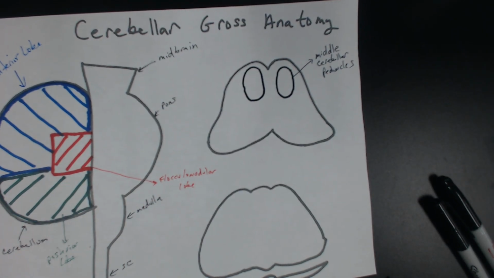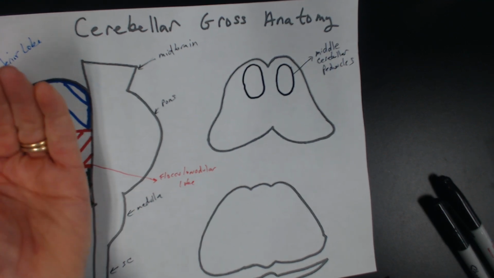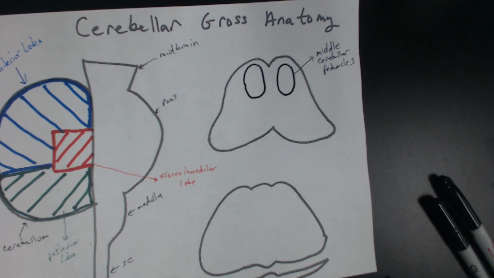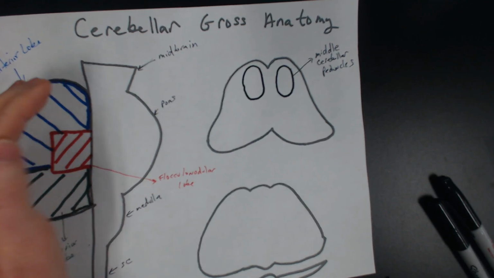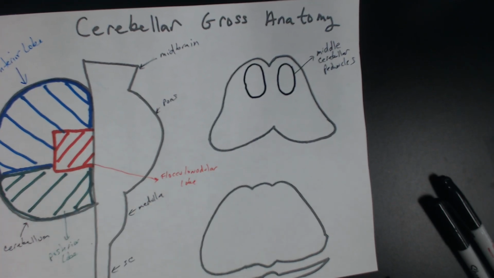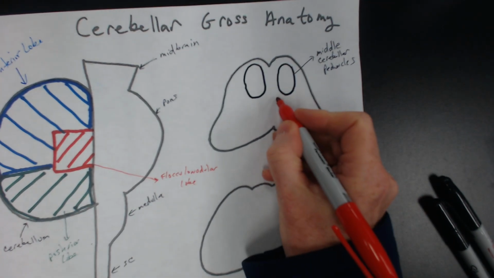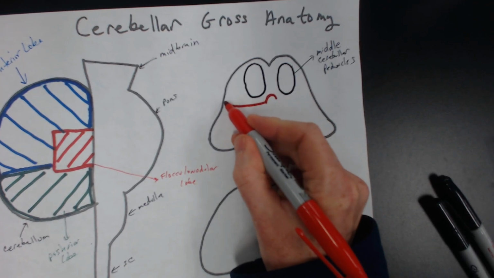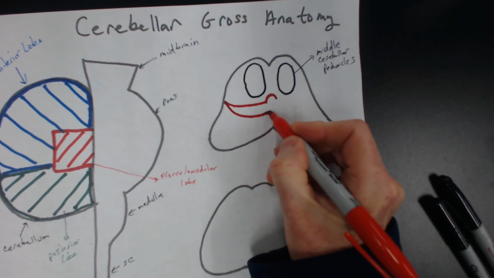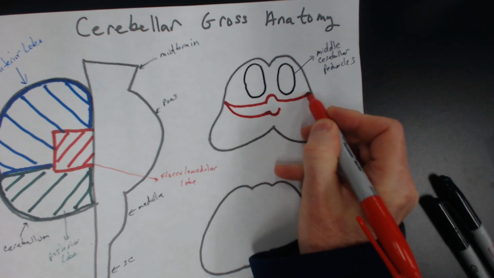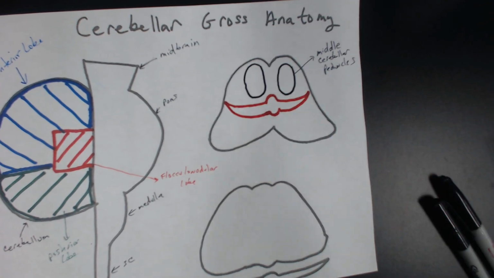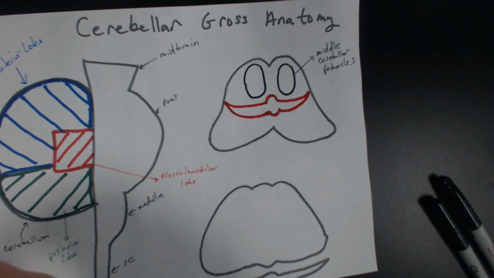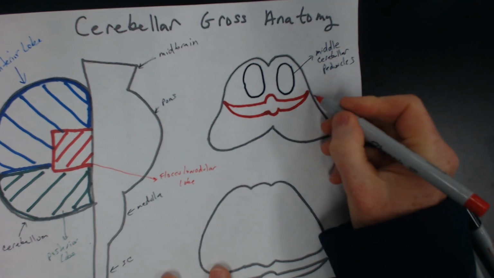Okay, does that make sense? See where I am? Just took this piece and I'm flipping it up. So these are the connectors. So if I take this piece and flip it up, now I have to represent my flocculonodular lobe in there, in the middle, right here. Okay, that's going to be my flocculonodular lobe.